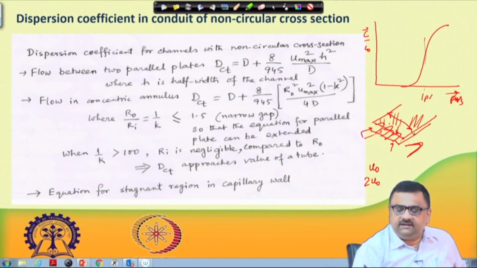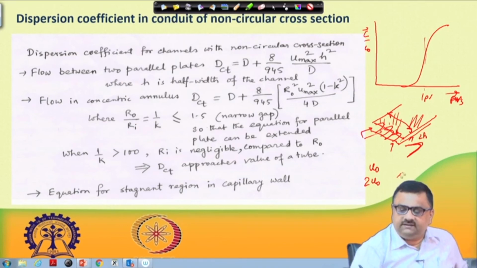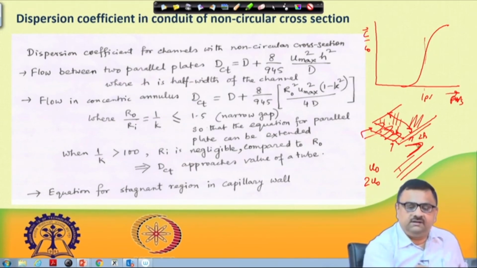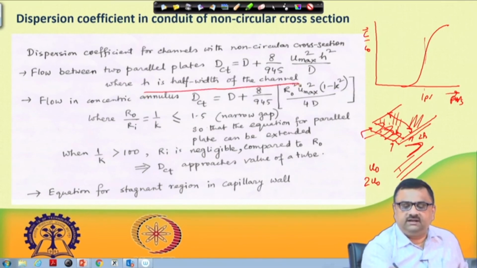So, basically the aperture is considered as 2h. If this is the center line, the upper plate is at h distance away and the lower plate is h distance below. That is why 2h is the distance between two parallel plates, or in other words h is the half width of the channel.